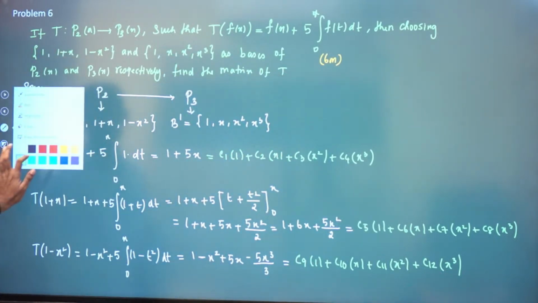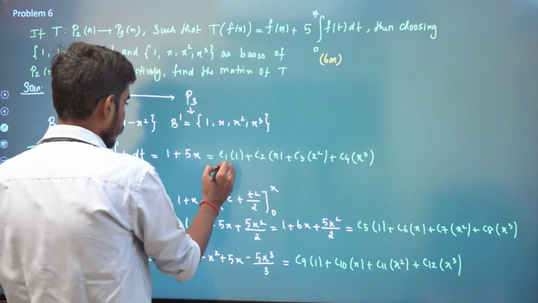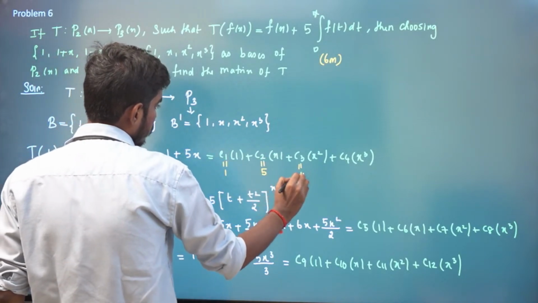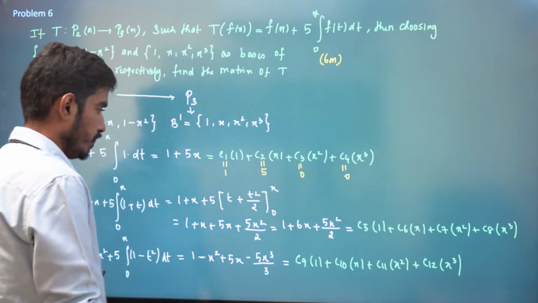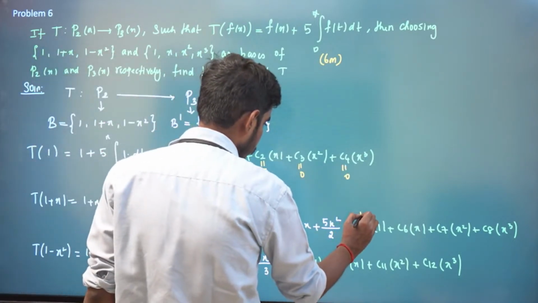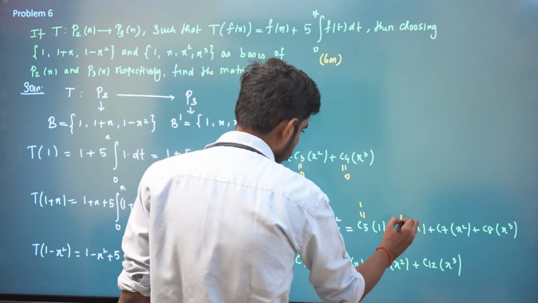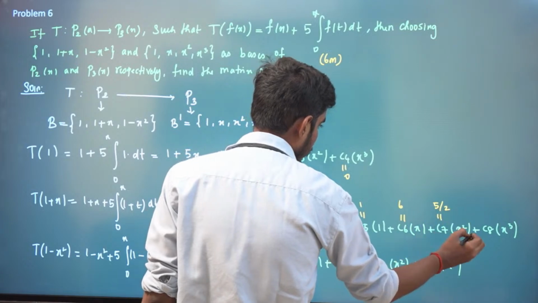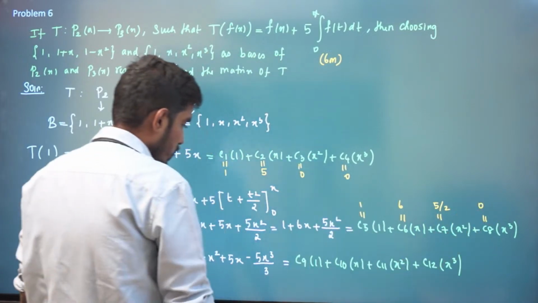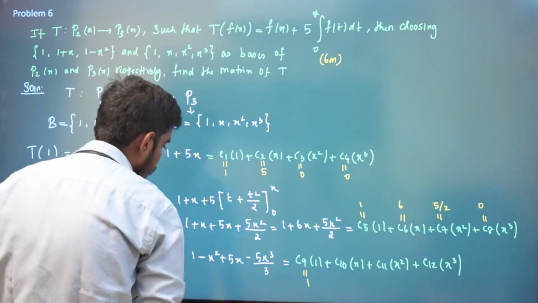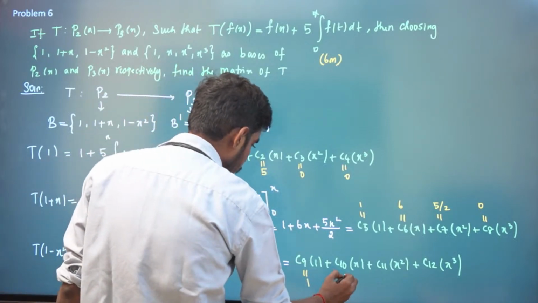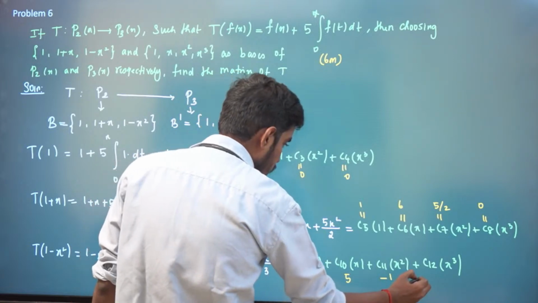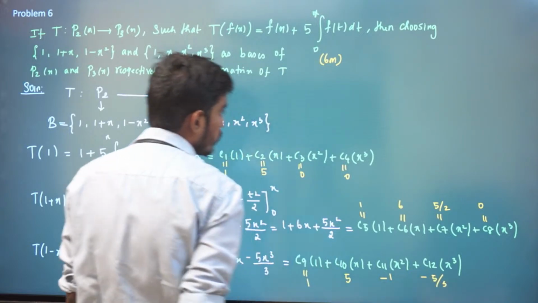Now find c1, c2, c3, c4. So obviously your c1 is 1, c2 is 5, c3, c4 are 0. Here your c5 is 1, c6 is 6, c7 is 5 by 2, and this is 0. And what is your c9? c9 is 1, c10 is 5, c11 is minus 1, and c12 is minus 5 by 3.